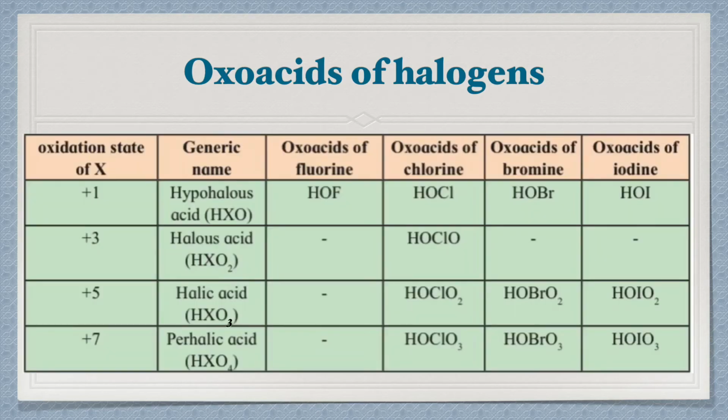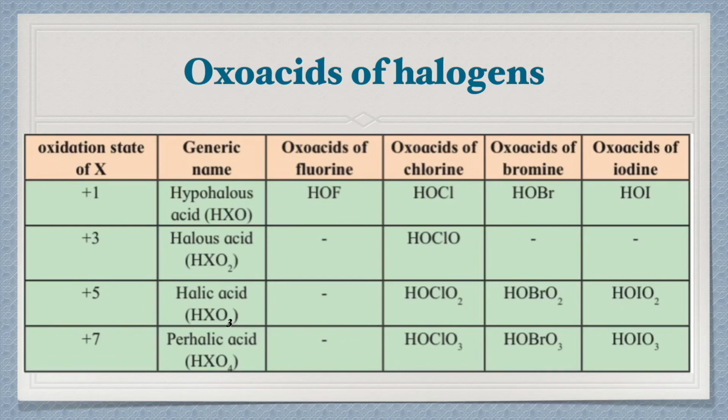Now we learn the oxidation state and the generic name of oxoacids of halogens. To begin with, always remember when you hear hypohalous acid, the halous part can be any of the halogens. If it is chlorine, we call it hypochlorous acid. If it is fluorine, we call it hypofluorous acid.